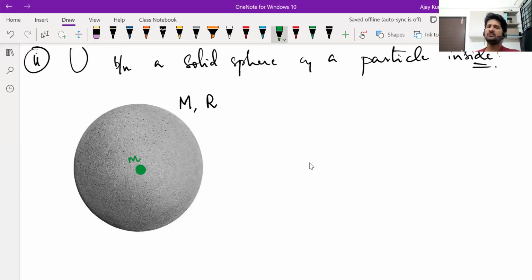But in case of a solid sphere, that advantage is gone, because different elements of the solid sphere will be at different distances from the center. So finding out potential energy when the particle is at the center is not easy. But there's a way to do it. Can any of you tell me an idea how to find out potential energy between the solid sphere and the particle which is kept at its center?